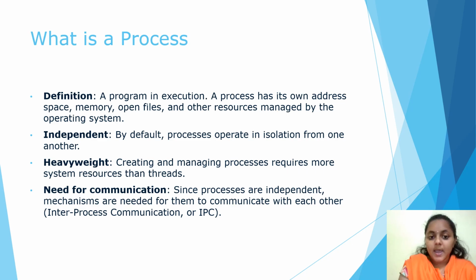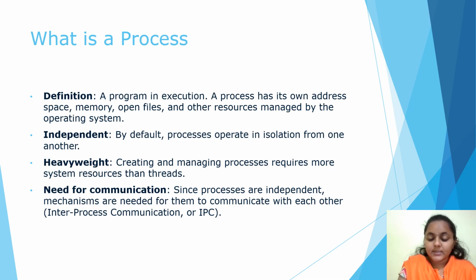First, we need to know about processes. What is a process? A process is a program in execution. Each process has its own address space, memory, CPU registers, open files and system resources. Processes are independent, so one process cannot directly access another's memory. Managing a process consumes significant system resources, hence it's called heavyweight.